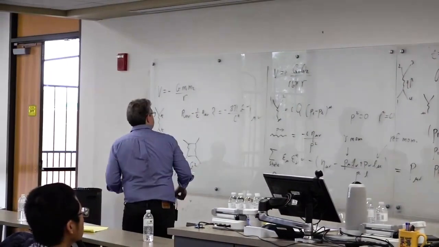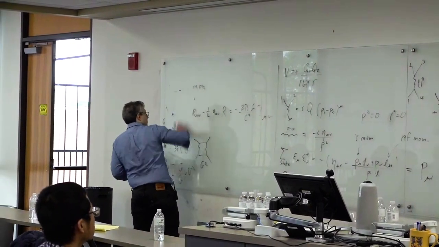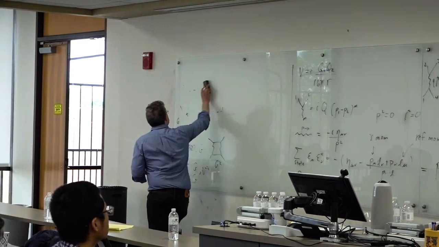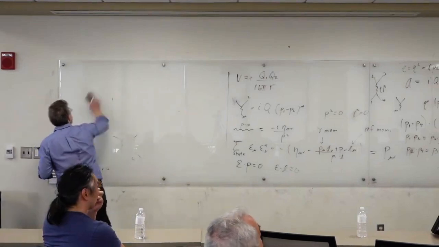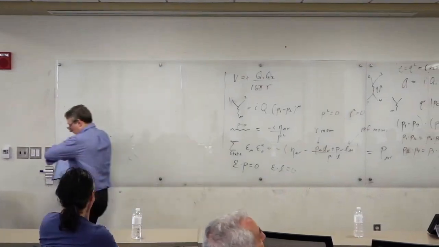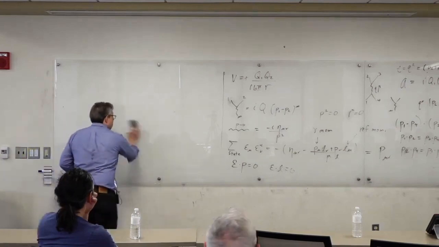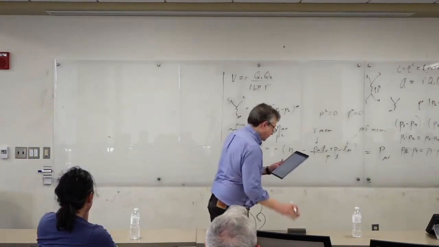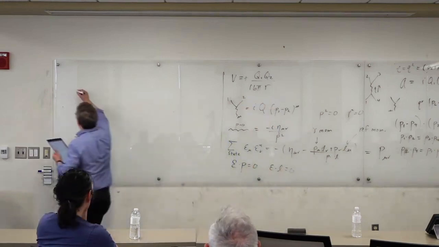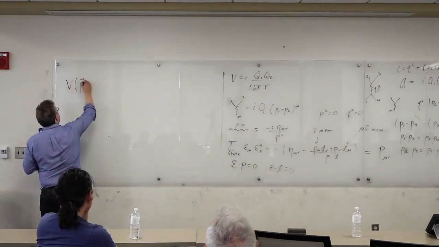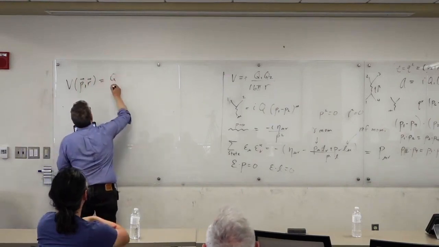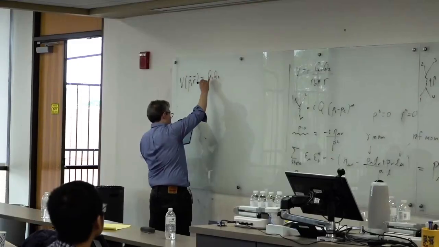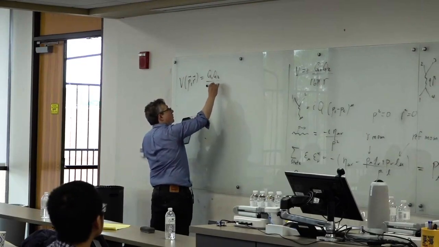I now have a potential V of p and r after the Fourier transform, equal to Q1, Q2 over 4 E1, E2.